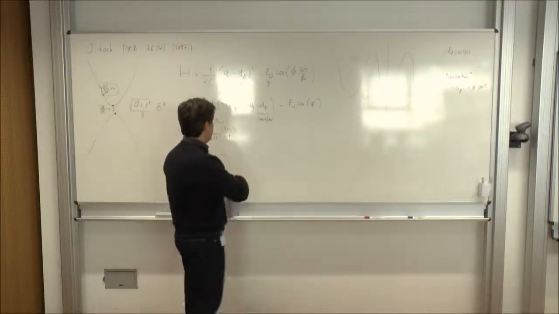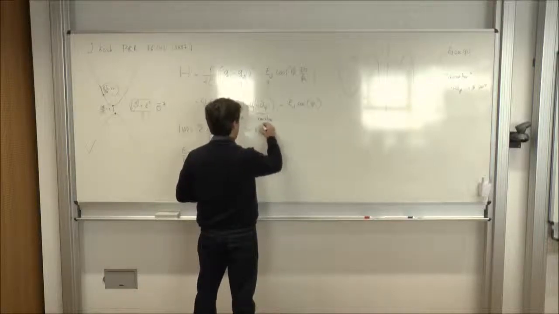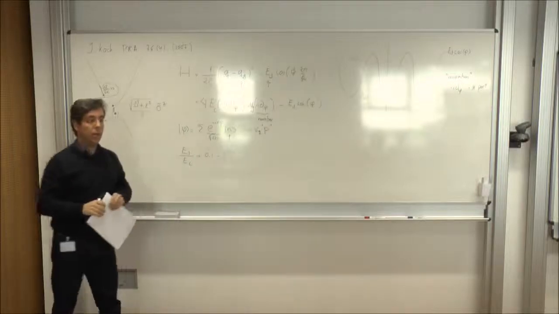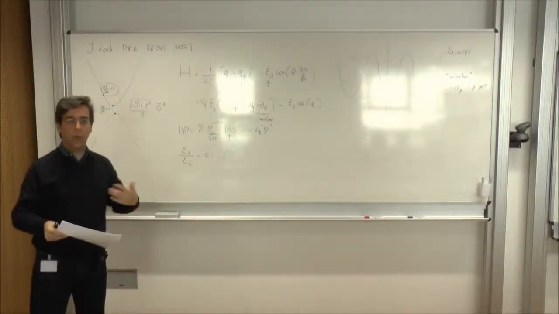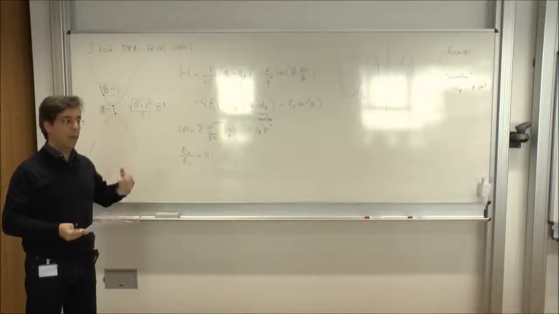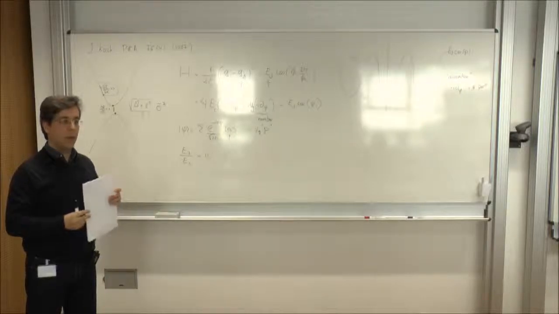This is just like having a term minus Bg times some momentum in your Hamiltonian. So what does this physically do? What does this describe, more or less? Can you see it?